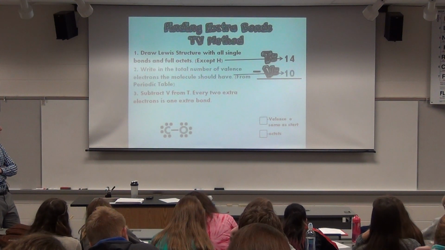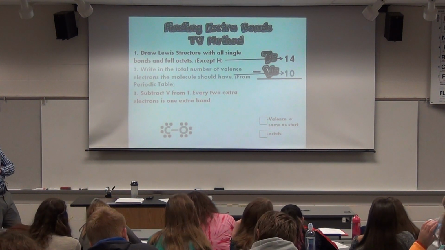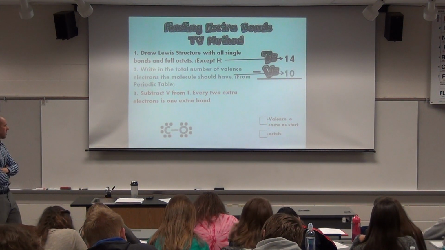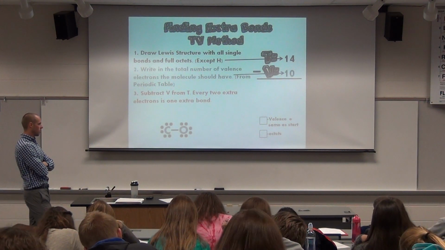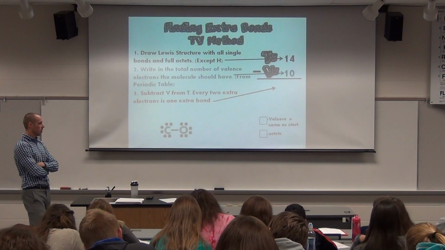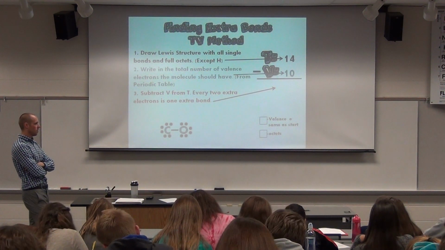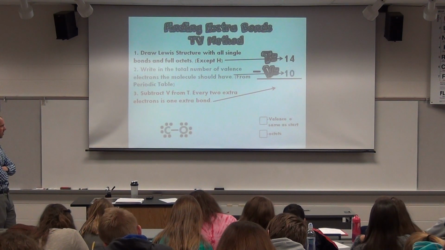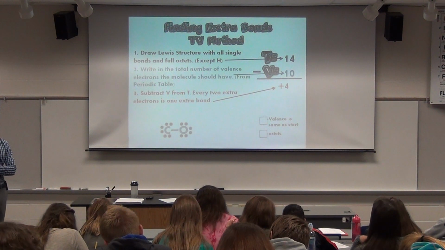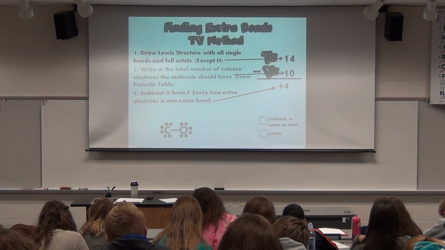The third step, you're going to subtract V from T. It says every 2 extra electrons is 1 extra bond. That number is going to go underneath here. So you're subtracting V from T. T minus V is going to be plus 4 here. It's important that you write plus 4.